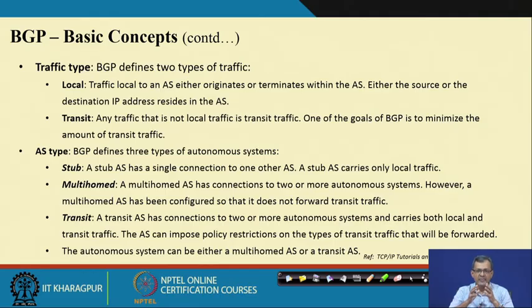So, what we see is that primarily two types of things are there: multi-homed and transit. Though there is more than one connection, in the case of a multi-homed AS you may not allow transit traffic, and there is a stub type where there is only local traffic, which either originates or terminates.